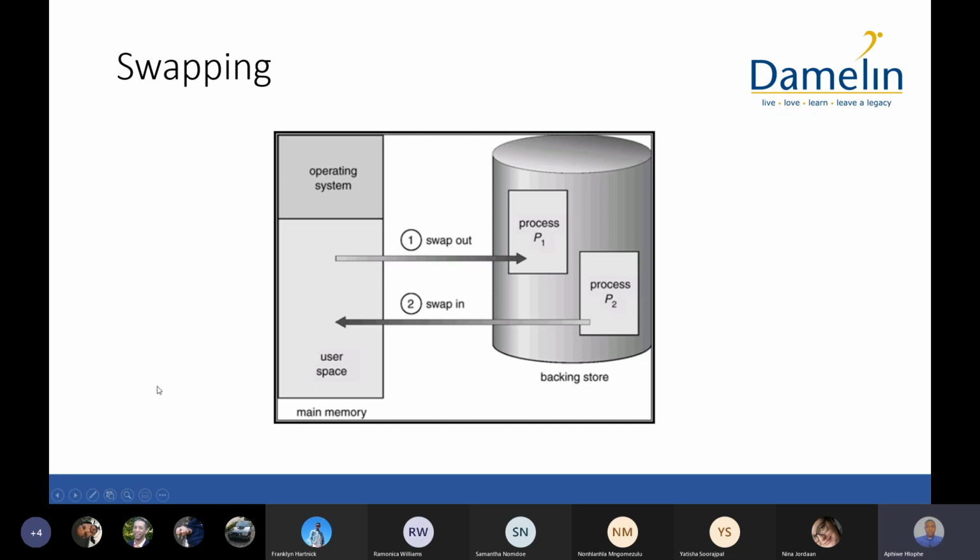So we have process 1, which was using up all this user space in the main memory. And then we have process 2. Process 1 has gone idle, so it will be swapped out of this area, and this backing store component defines the secondary storage. Process 2 will be swapped in and can start using that space. So this is just a diagram of how this concept works.